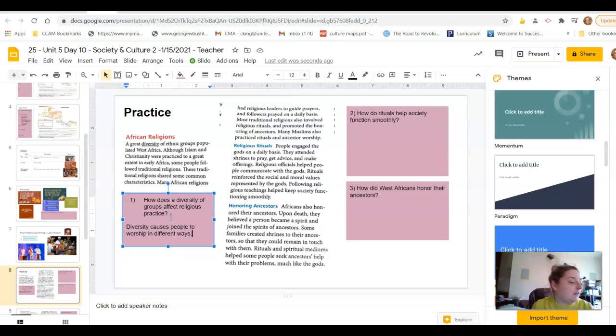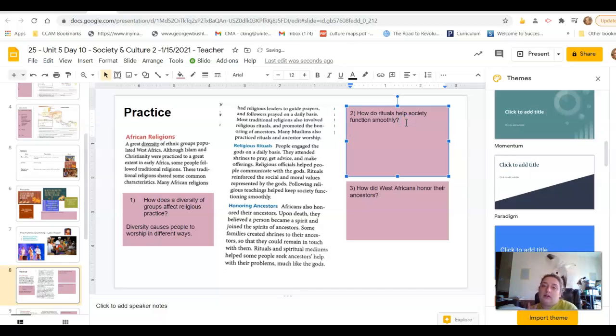How do rituals help society function smoothly? Rituals keep society functioning smoothly because people in groups are the same and can predict what people will do.